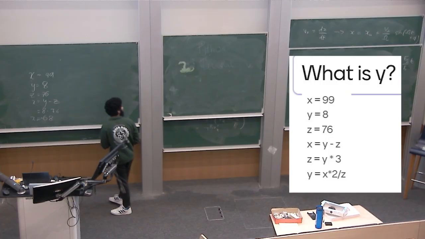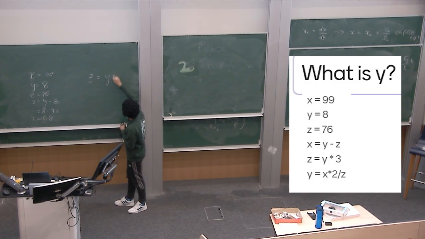Okay, then we have z is equal to y times 3. Right now y is equal to 8 still. So the same thing as 8 times 3, just 24. So z is set to 24.